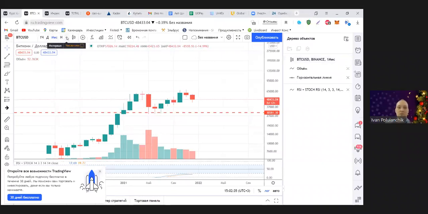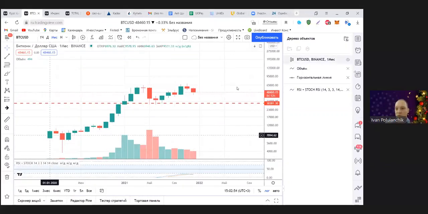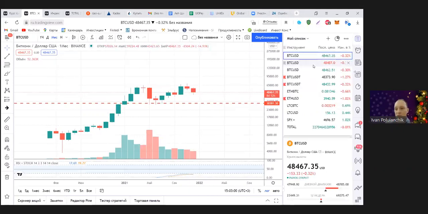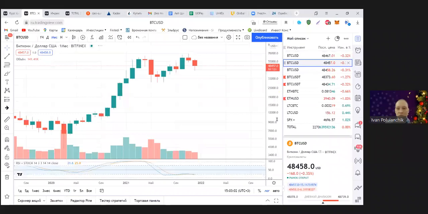We can change this chart and show it in different ways. We can represent it in days or weeks. One stick will represent a day or a week, but we will be considering it for now in months. And let me do some changes to the chart to see more history.